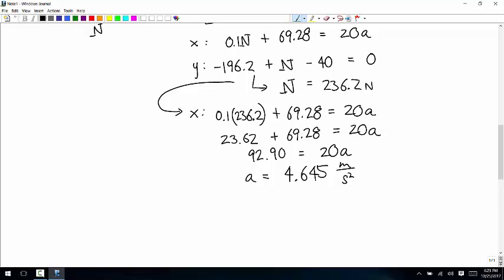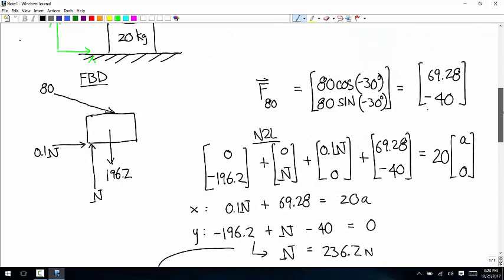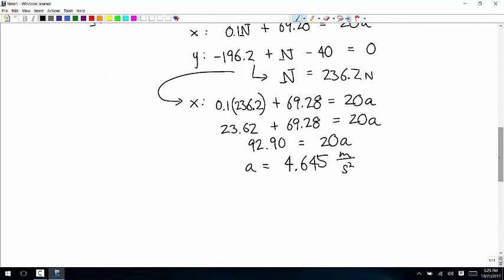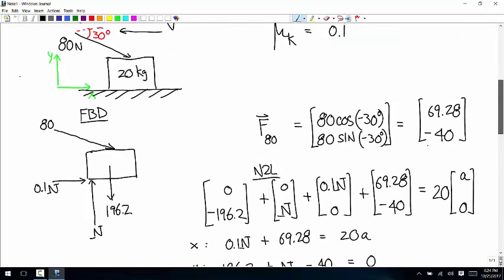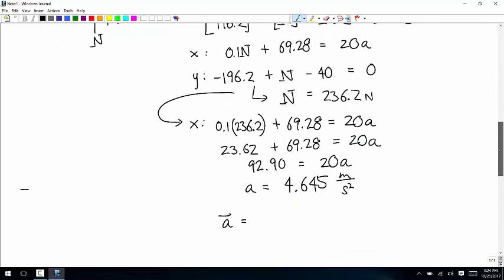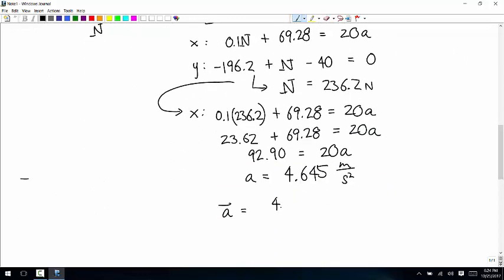Any questions about that? Okay, so the acceleration is, well, let's get the vector. That's just the variable. The acceleration vector is what you get if you plug that back into a from Newton's second law. So you get 4.645. What direction is that pointing?